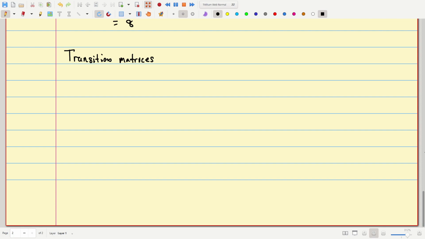Okay. One of the questions that shows up on the take-home test has to do with transition matrices. Okay. Want to make sure that I clarify what's going on with this here.